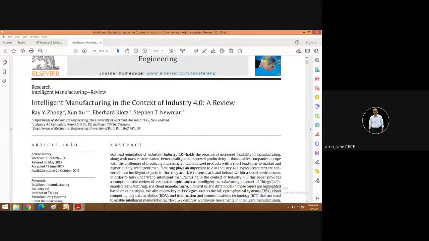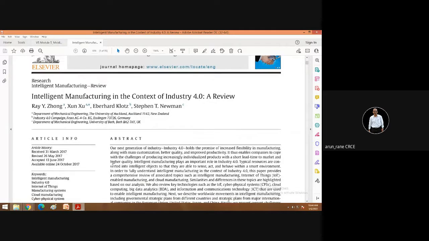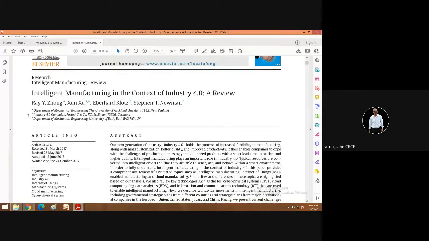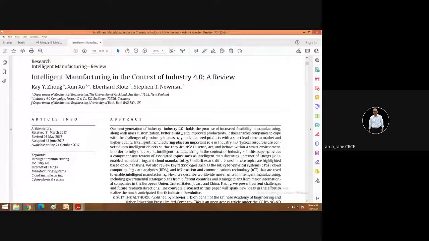So this is Intelligent Manufacturing in the context of Industry 4.0, a review. These are the authors, 4 authors. The first author is always the main author, or he is called the corresponding author.